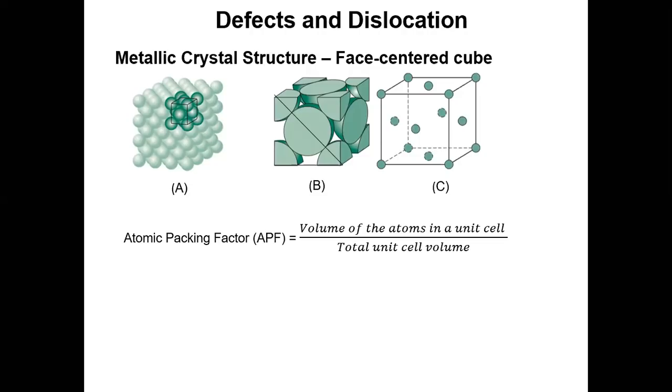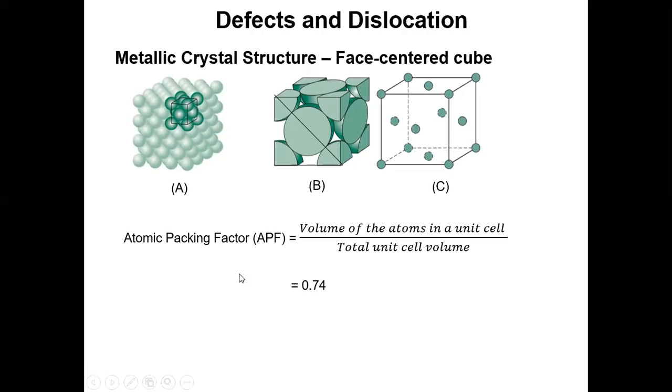Then you have to get the volume of the atoms in a unit cell. Right? So total unit cell volume you can find if you know this edge length. Edge length means this length. If you know this length, you can find the unit cell volume. So you can calculate the atomic packing factor for the FCC cube as 0.74.